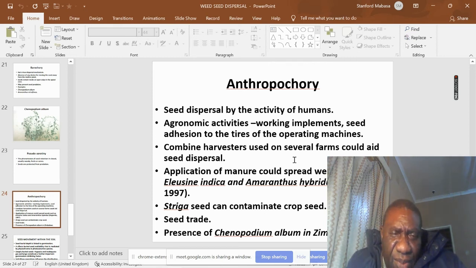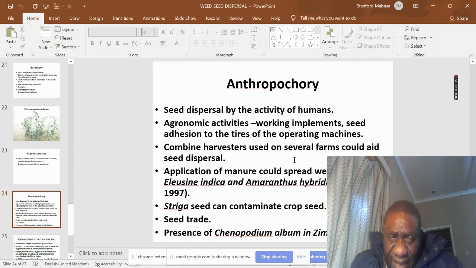I was about to talk about striga seed contamination. Now, farmers may share seed like sorghum and pearl millet, and this seed could be contaminated by striga seeds.